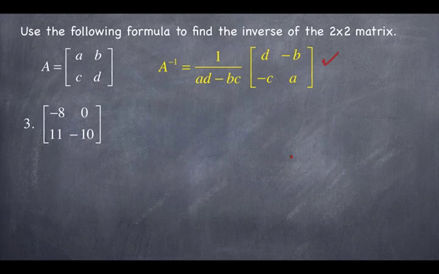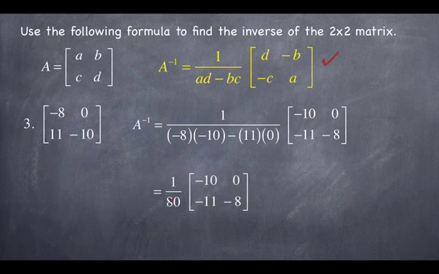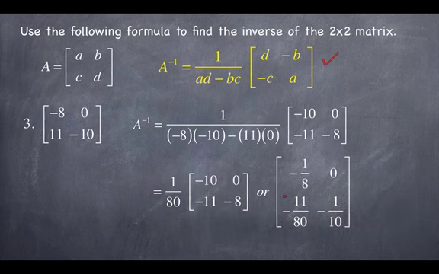Okay, so here we go. I apply the formula on number 3, and this is what I get. Substitute the values into the formula, and this is what I have. At this point, I'm just going to clean it up a little bit. This becomes 80. This basically stays the same. I can also write this answer the following way. I can distribute this scalar into the entries, and this is what I get.